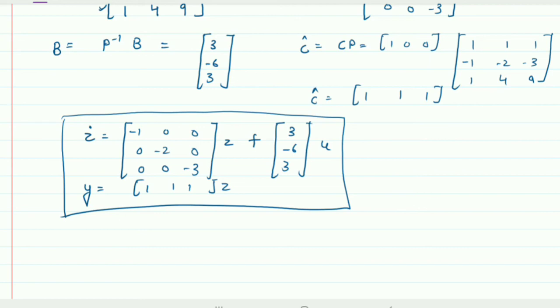This is how we convert an equation into a diagonal form or Jordan canonical form.